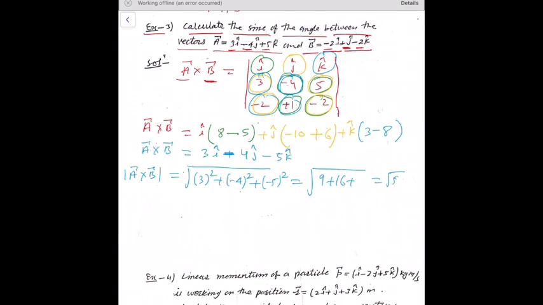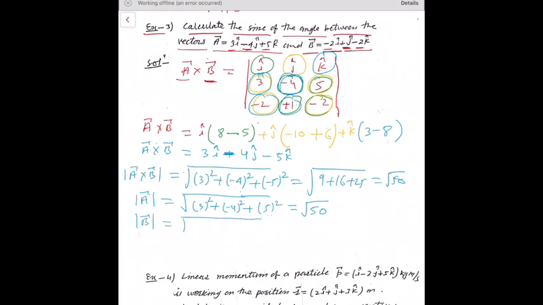So 9 plus 16 plus 25 is equal to 50. And magnitude of A vector: Ax square means 3 square plus Ay square means minus 4 square plus Az square means plus 5 square. So A vector magnitude is under root 50.